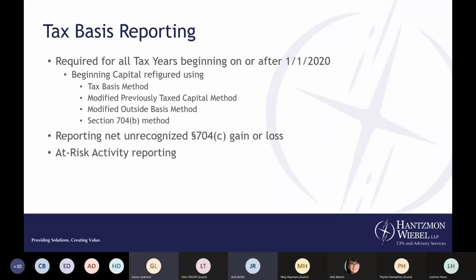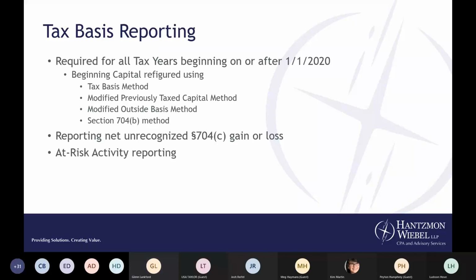Okay, so we have a more detailed discussion on it later on. But basically, 704C gain or loss is the difference between the fair market value of property contributed to a partnership and the tax basis of that property to the contributing partner.